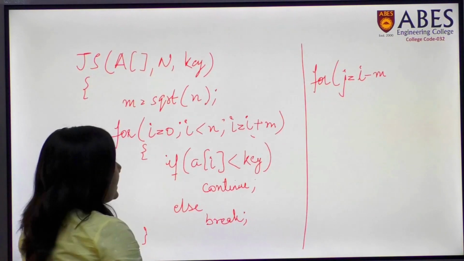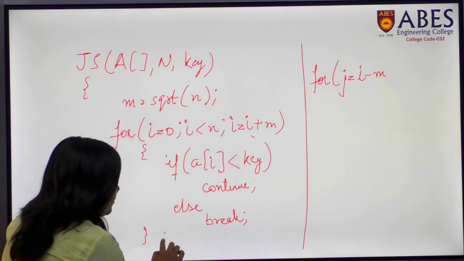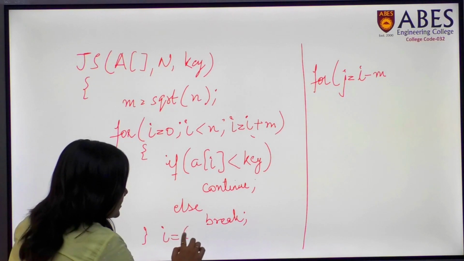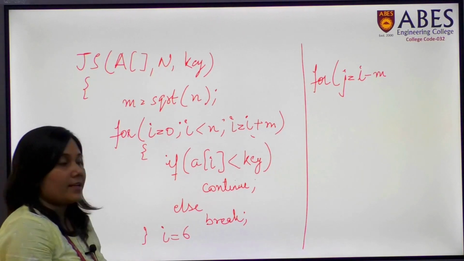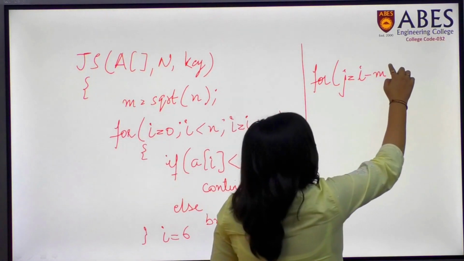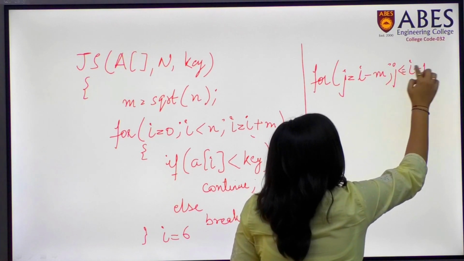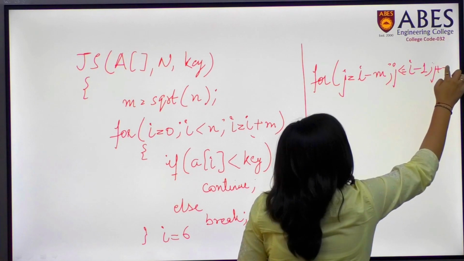Why am I taking i? Because when I exited the previous loop, my value of i was 6. So if I do 6 minus m, or 6 minus 3, it will become 3. And then j is less than i minus 1, with j plus plus.